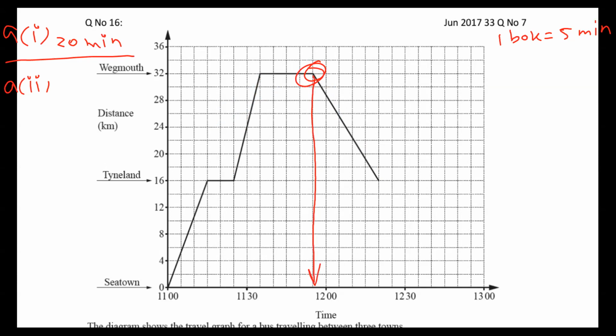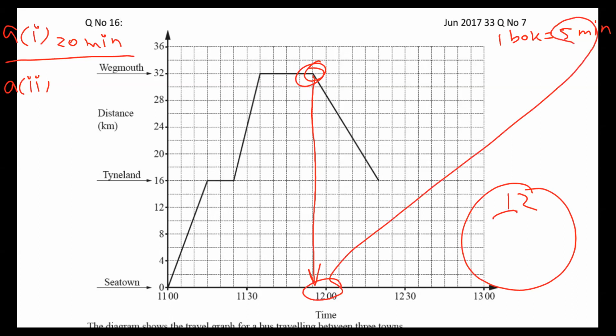It is one box back from 12, and 12 is on a clock. If 5 minutes back, why 5 minutes? Because one box is 5 minutes. So it becomes 11:55. This is the time on the clock.